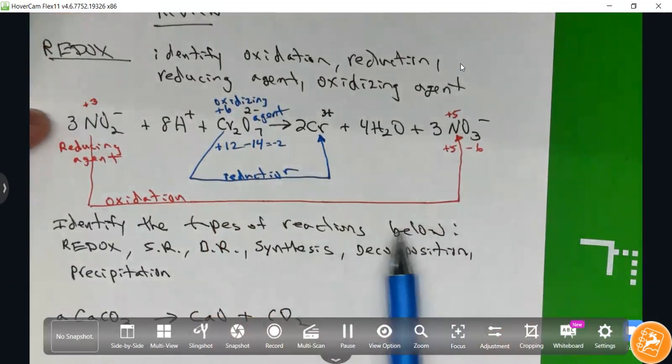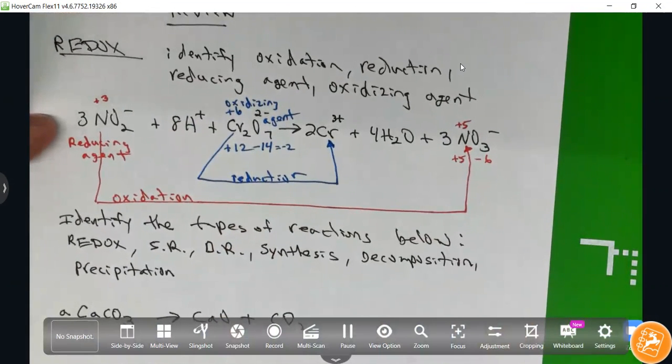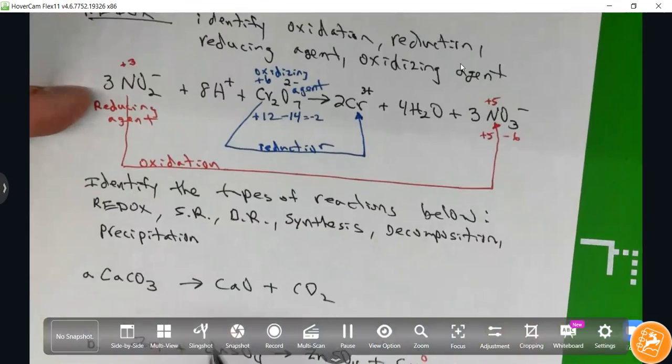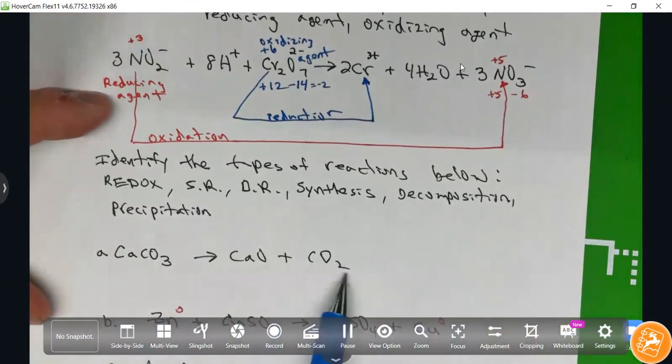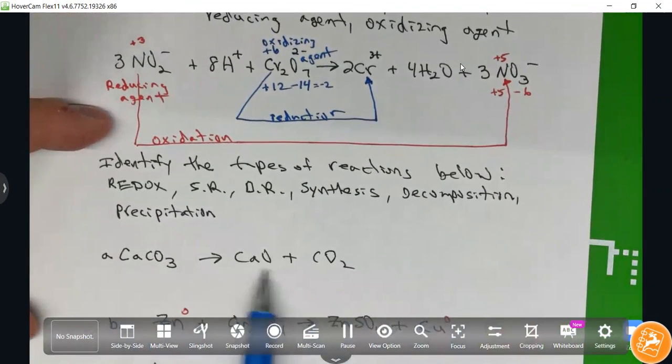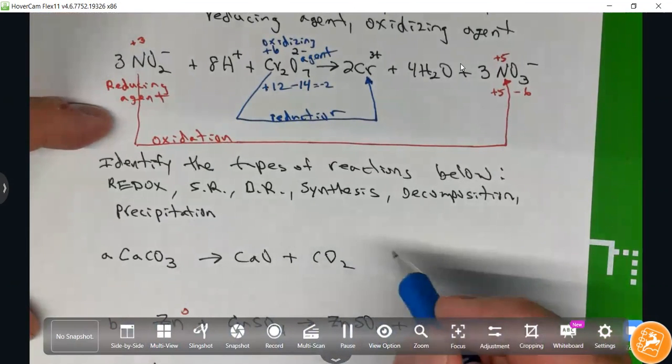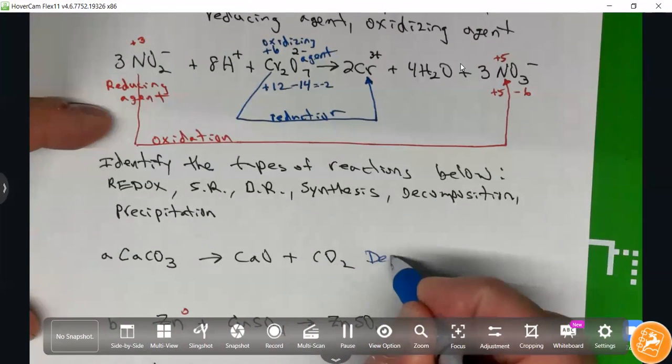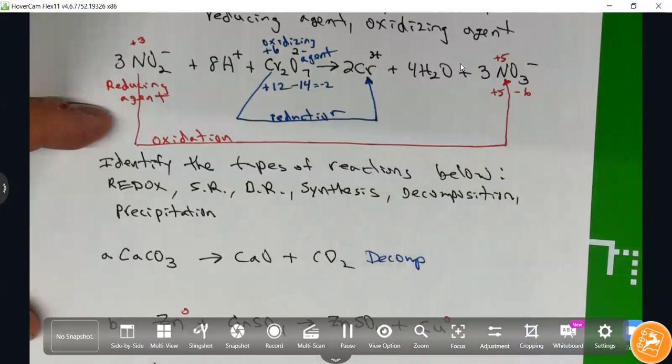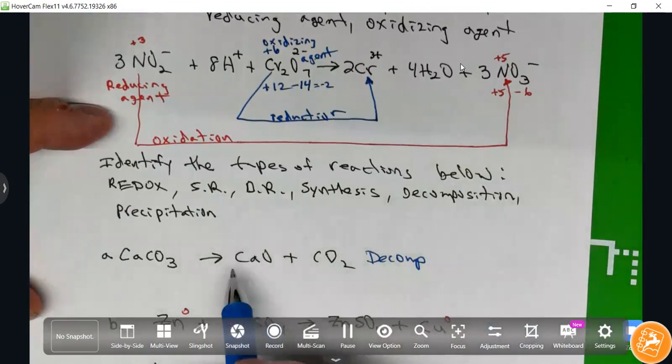So down below, let's see what we can figure out down here. So we definitely have, what type of reaction do we have here? We got decomposition, right? Is it oxidation reduction? Well, let's figure it out quick. What is the charge of calcium?